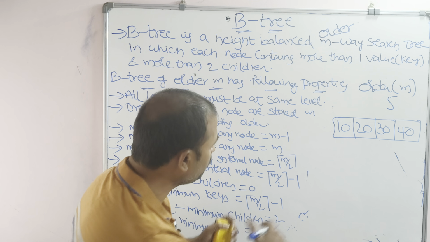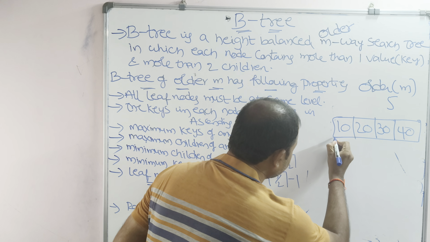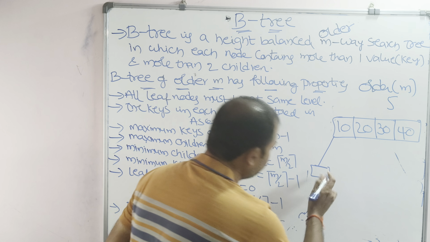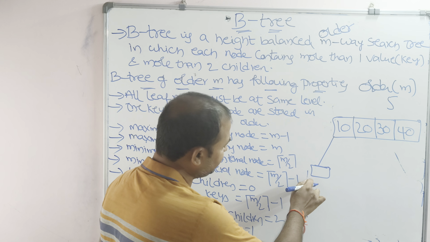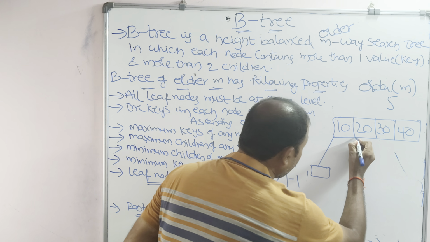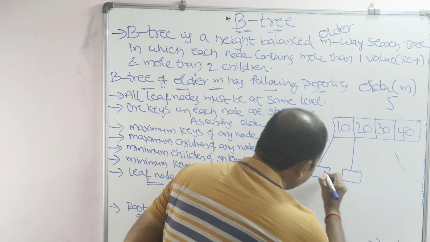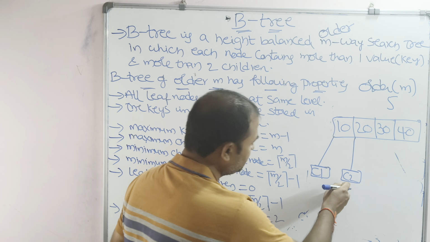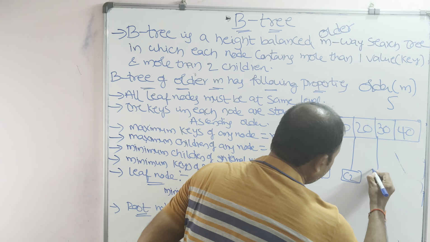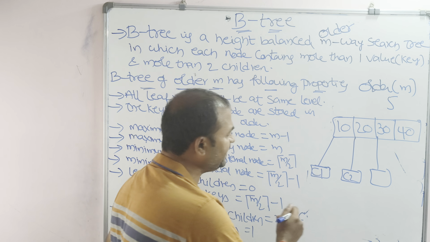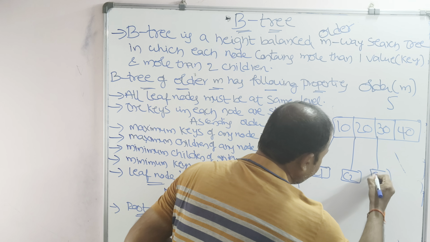So here we can have 5 children. So this is one child. This is the left child. It contains the values which are less than 10. So let it be C1, let it be C2. C2 contains the values which are in between 10 and 20, greater than 10 and less than 20. So let it be C3.